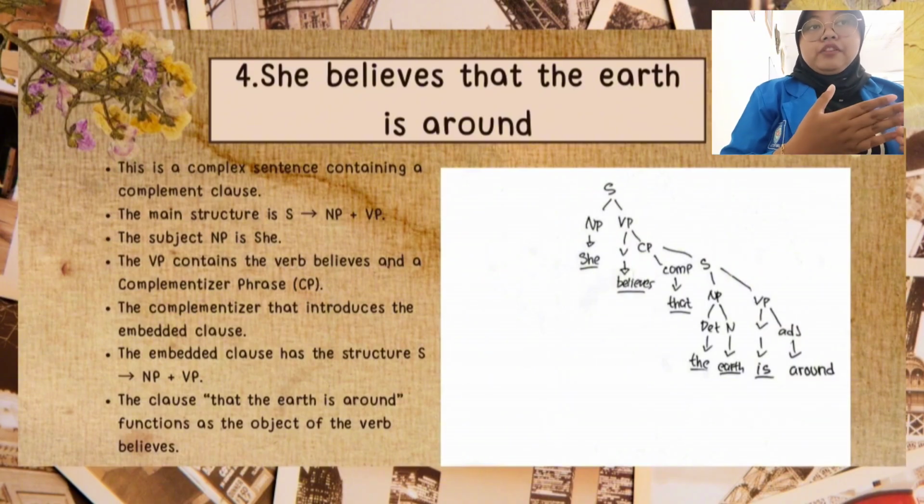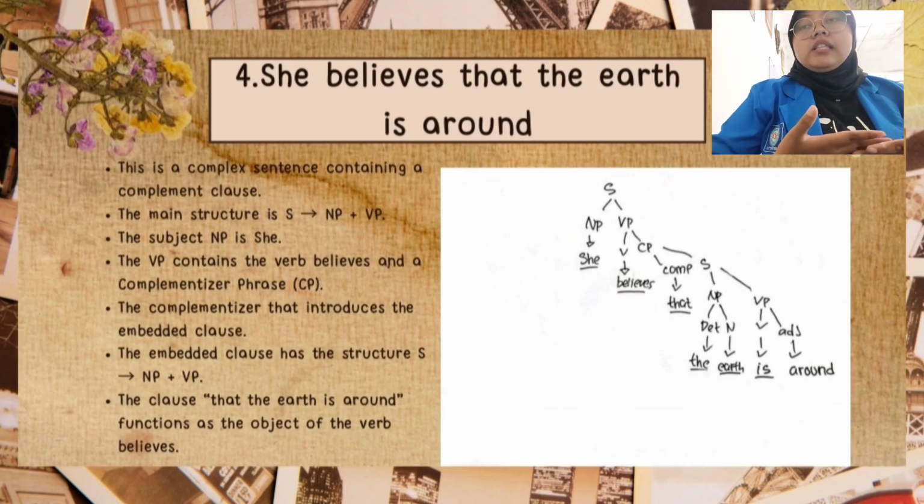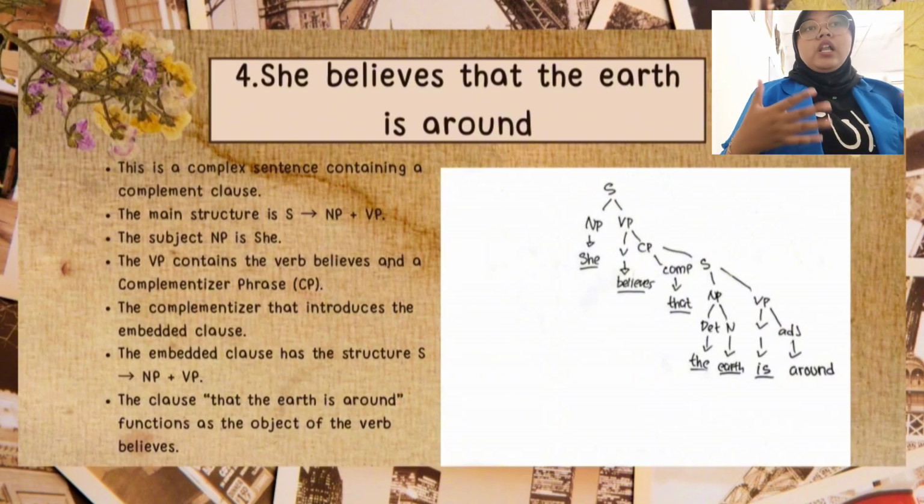The word that functions as a complementizer introducing the embedded clause. So the clause that the earth is round functions as the object of the verb believes and has its own sentence structure.